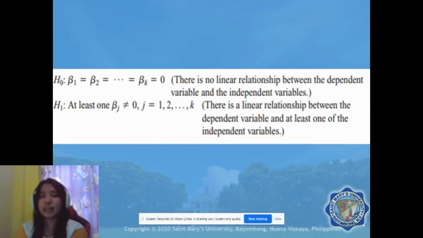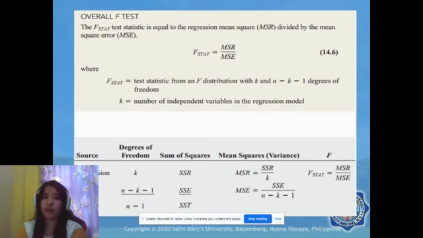And in the alternative, which is our H sub 1, at least one beta sub j is not equal to 0, where j is equal to 1, 2 until k. In other words, we are simply saying that there is a linear relationship between the dependent variable and rather at least one of the independent variables. So not necessarily all the independent variables.